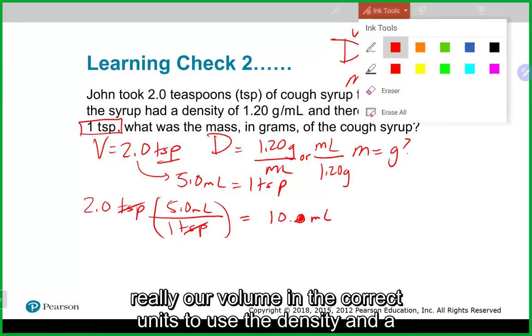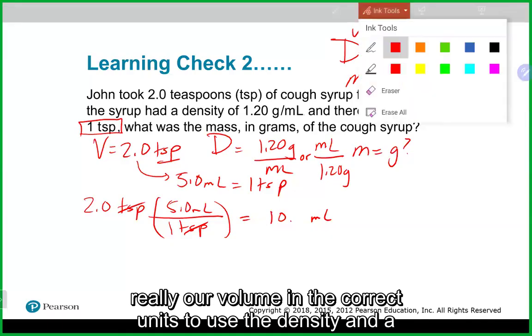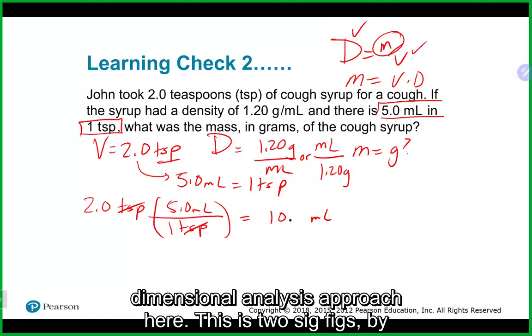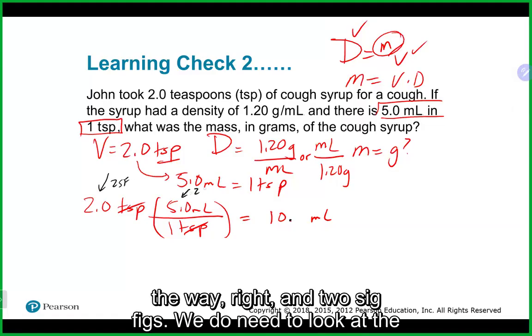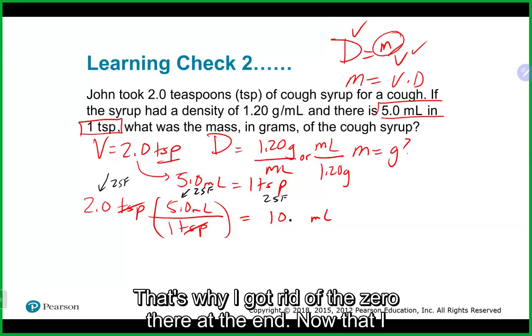We now have really our volume in the correct units to use the density and a dimensional analysis approach. Here, this is 2 sig figs, by the way, right? And we do need to look at the 5 here, and we should end up with two significant figures. That's why I got rid of the 0 there at the end.